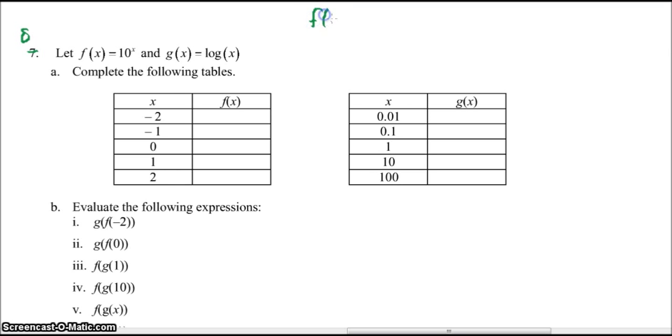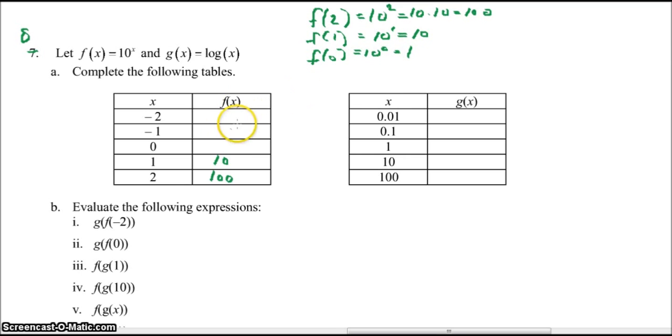F of 2 is 10 squared. It's 10 times 10, which is 100. F of 1 is 10 to the first, which is just 10. F of 0 is 10 to the 0, which is 1.